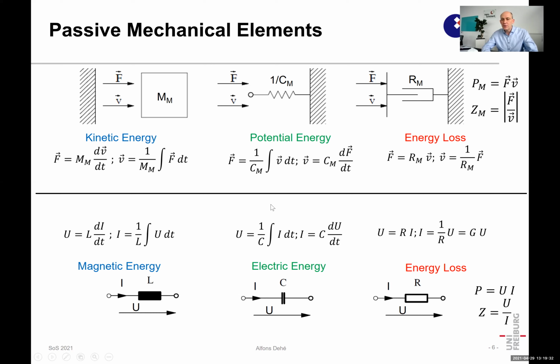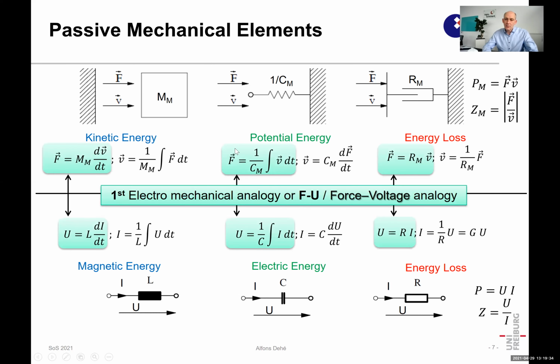And we find this analogy in all these equations. And then we simply use this to translate the mechanics into an electrical formulation. So we can describe the mechanics if we use those analogies.